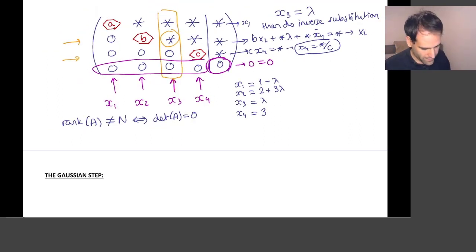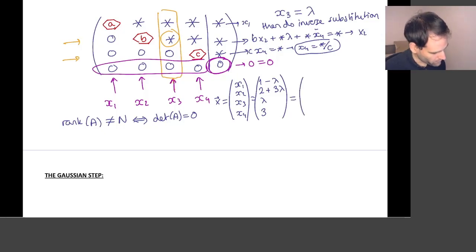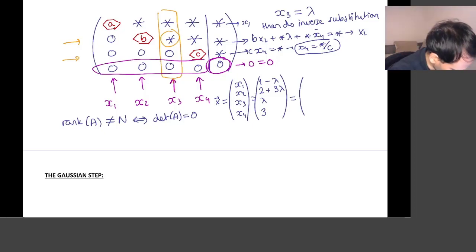Now, why don't we write this in vector notation? Equals this vector, yeah? We can do that. And this is equal to vector x. But look at this. We can group those numbers that are not multiplying lambda. So in this case, it would be 1, 2, 0, and 3.